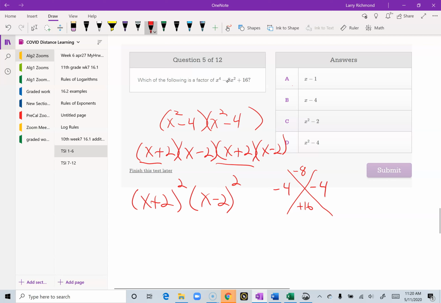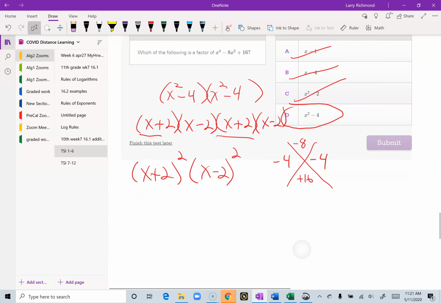Well, x minus 1 is not a factor, nor is x minus 4. But we can see that x squared minus 4 is. That factor occurs twice. X squared minus 4, not x squared minus 2.